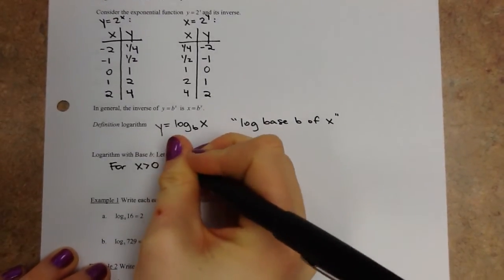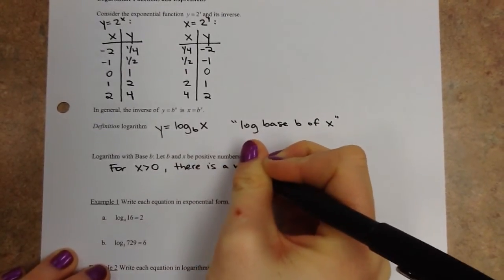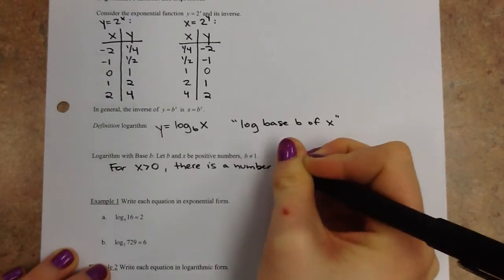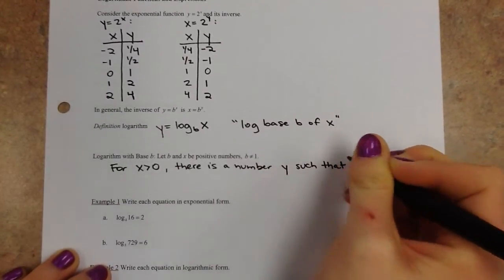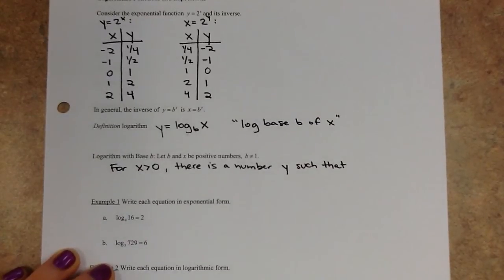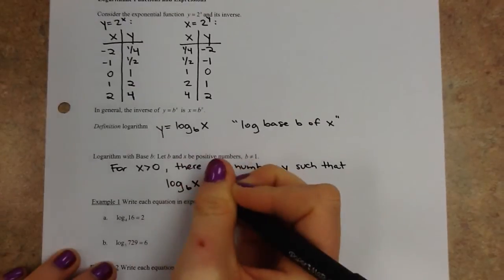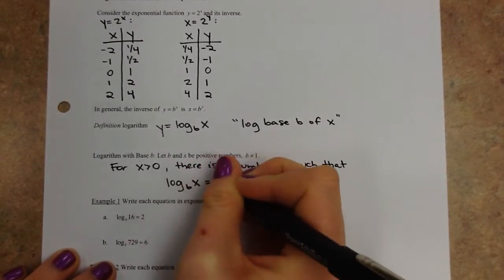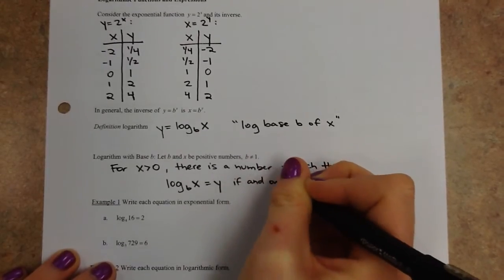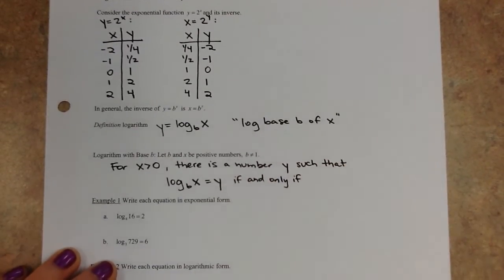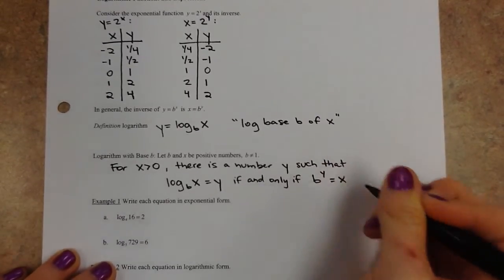We say there is a number y such that log base b of x is equal to y if and only if, and we talked about what that means in a previous video, b to the y equals x.